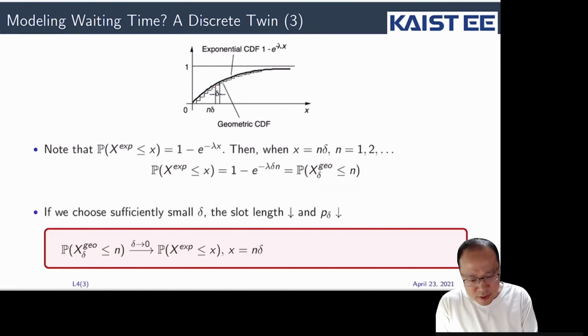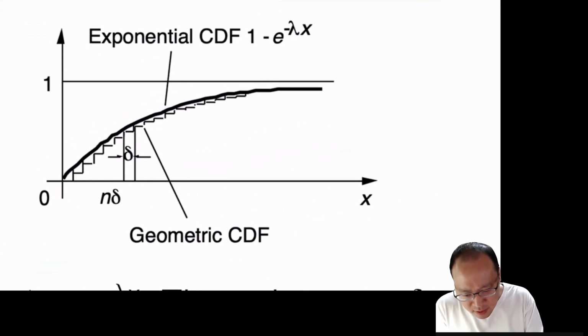Then what I'm going to do is look at a sequence of systems such that delta goes to 0. I'm going to choose a sufficiently small delta. Then this is delta, this is 2 delta, this is 3 delta, and so on.